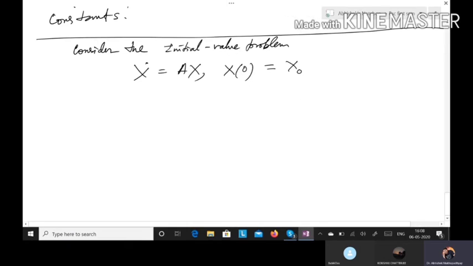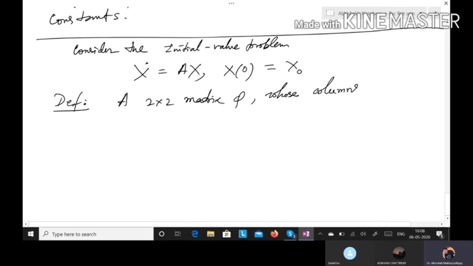Let us have a look at the definition of fundamental matrix. A 2 cross 2 matrix phi whose columns are solutions of the system.